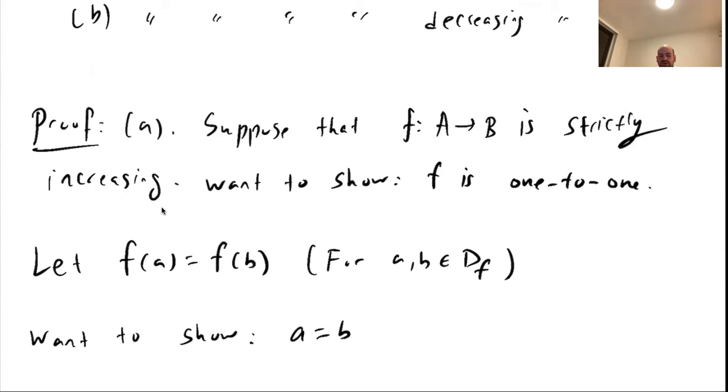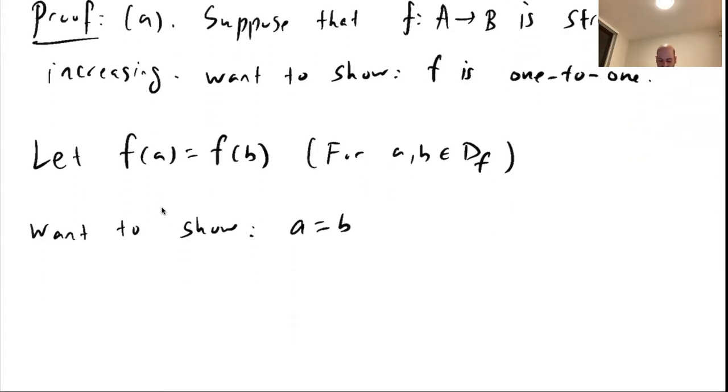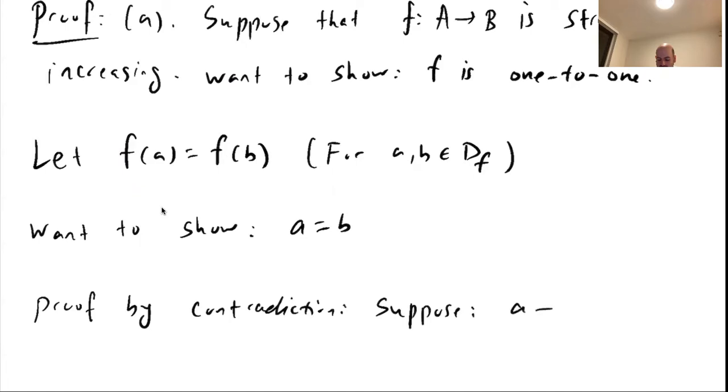So in order to show that a is equal to b, let's use proof by contradiction. In proof by contradiction, we assume what we want to show is wrong. So suppose that a is not equal to b. If two numbers are not equal, then there are two possibilities.